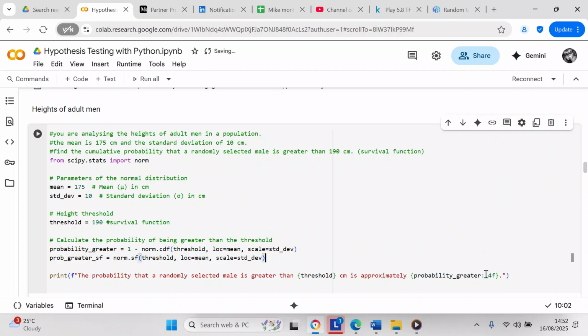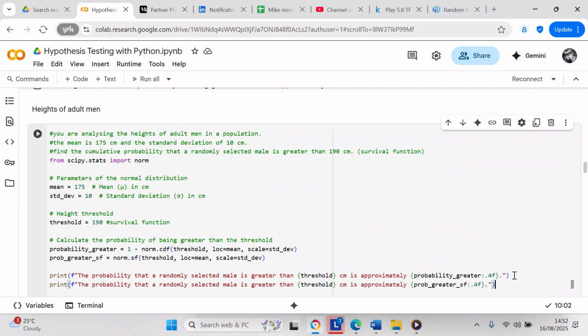And then we're going to print, and calculate the probability of being greater than the threshold. I've already talked to you about the 1 minus norm.cdf. That's the cumulative distribution function. But 1 minus norm.cdf is pretty much the same as the survival function.